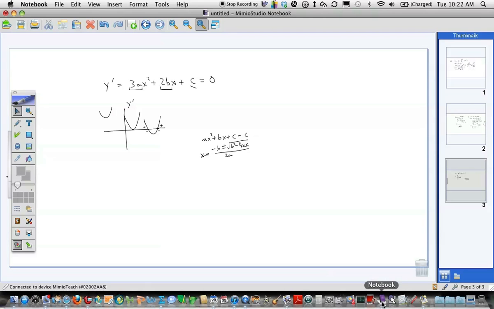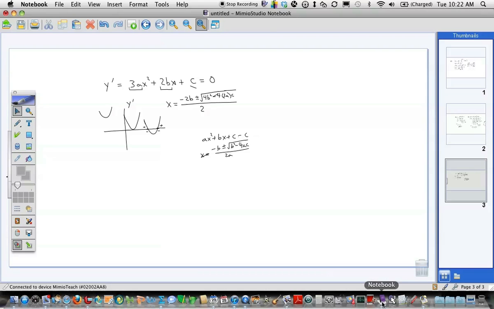Okay? Well, the solution to this, according to the quadratic formula, is negative b, whatever's in front of the x. Well, in front of our x is 2b, right? Plus or minus the square root of whatever's in front of the x, squared. So in front of our x is 4b squared. Minus 4 times what's in front of the squared term, which in ours is 3a, and c, which is the constant, which for us is c.